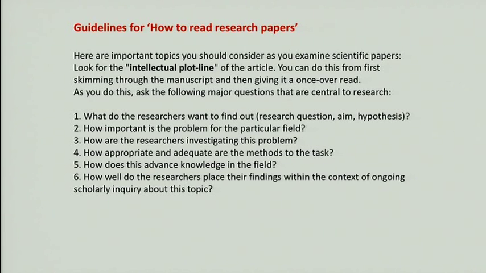We need to discuss what is the difference among the human species. For the bone fracture, it doesn't matter, but for other things, it does matter. So if you find something, you need to put that into the context of ongoing scholarly inquiry about this topic. Okay? Even if you think that this is just your own cohort study. Put that into perspective. What does it mean?